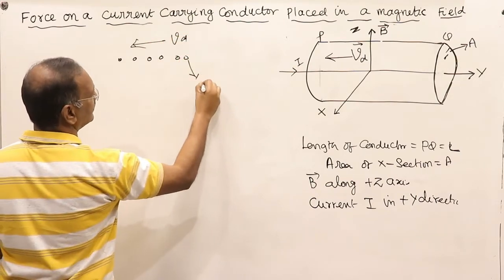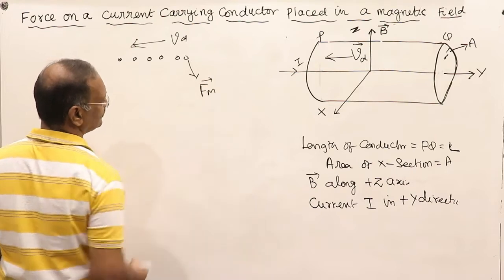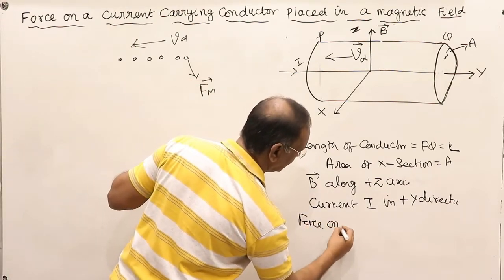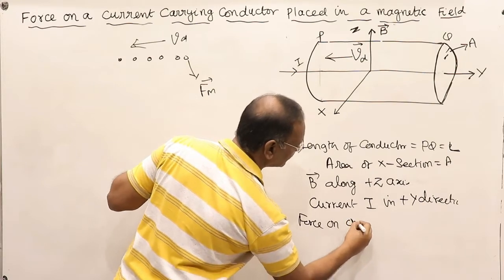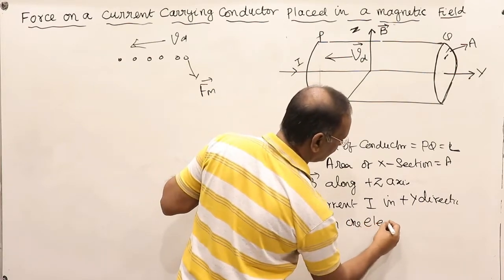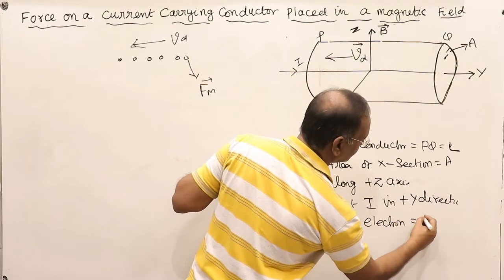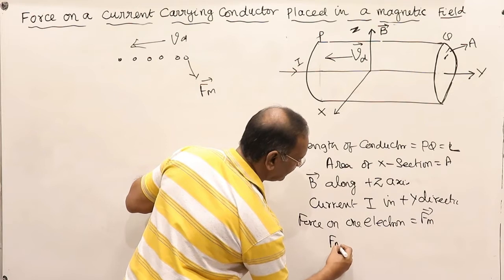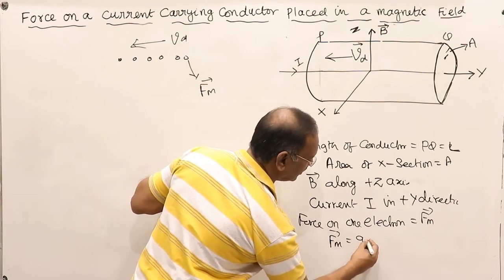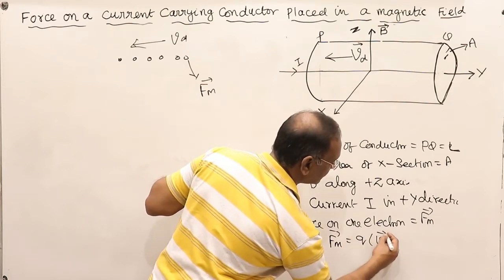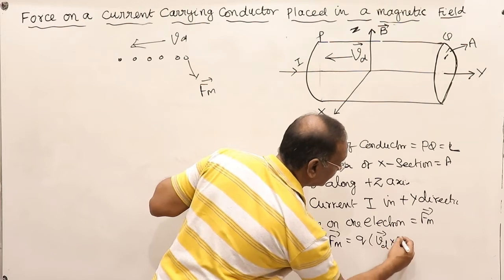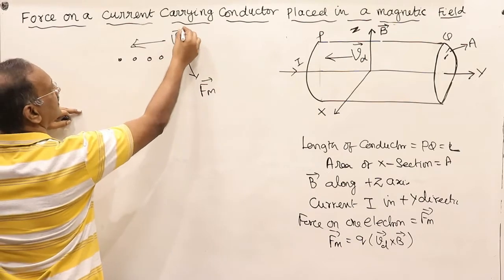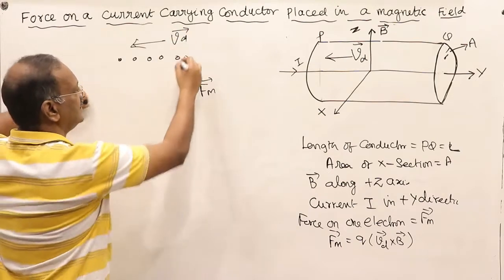So force on one electron, we call it F magnetic force. Therefore F magnetic is equal to charge into drift velocity into B, because the electron is moving with the drift velocity V, and this is one electron.